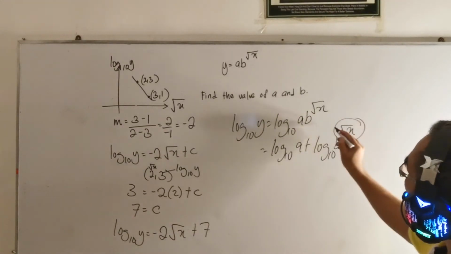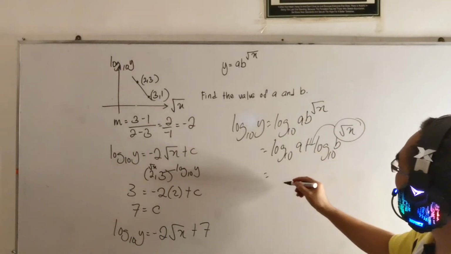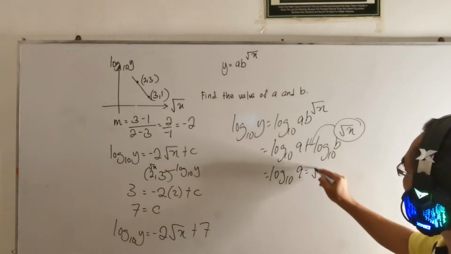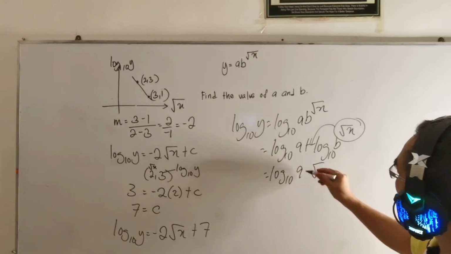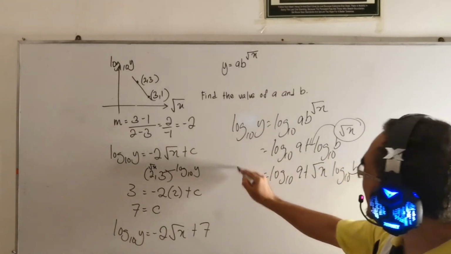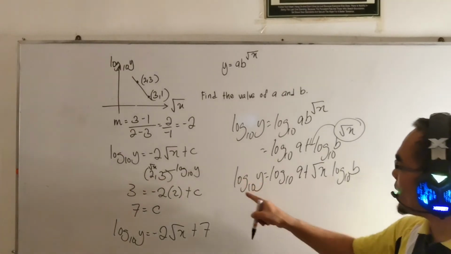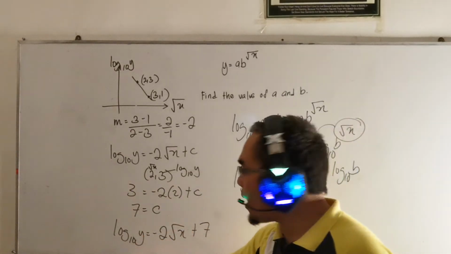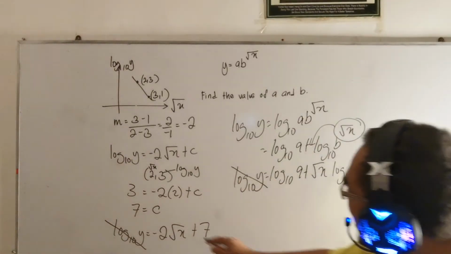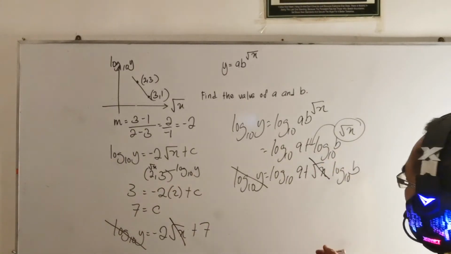And again, using the log knowledge, you bring the power to the front of log 10b, so it becomes log 10y equals log 10a plus square root of x log 10b. Now you can see we have log 10y here. I cancel log 10y with log 10y by comparison, and we have square root of x here and square root of x there also.